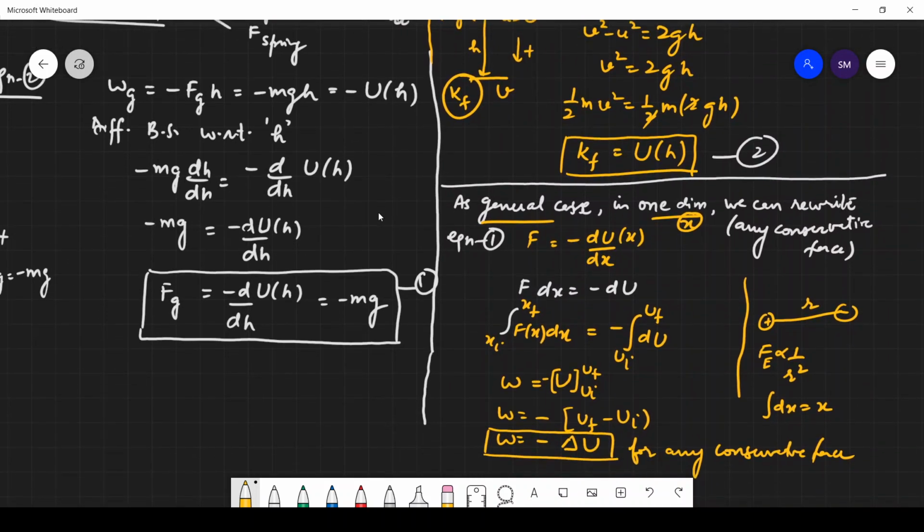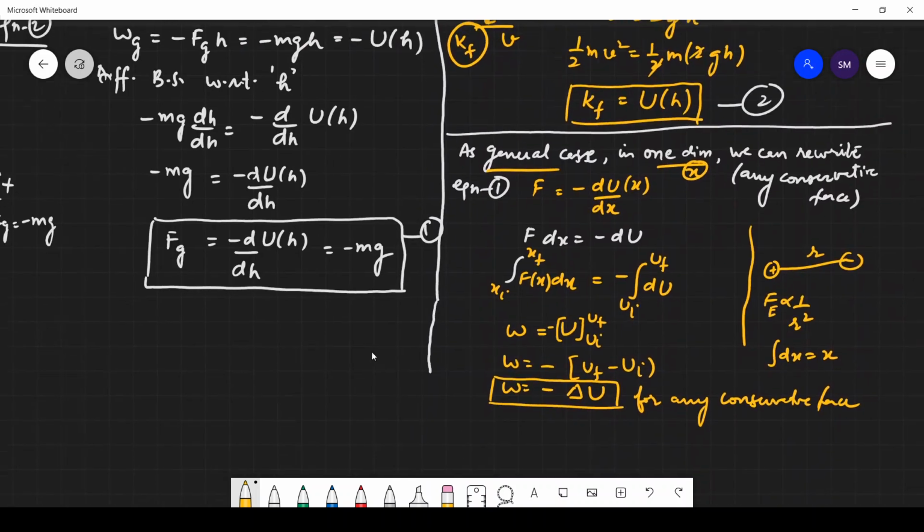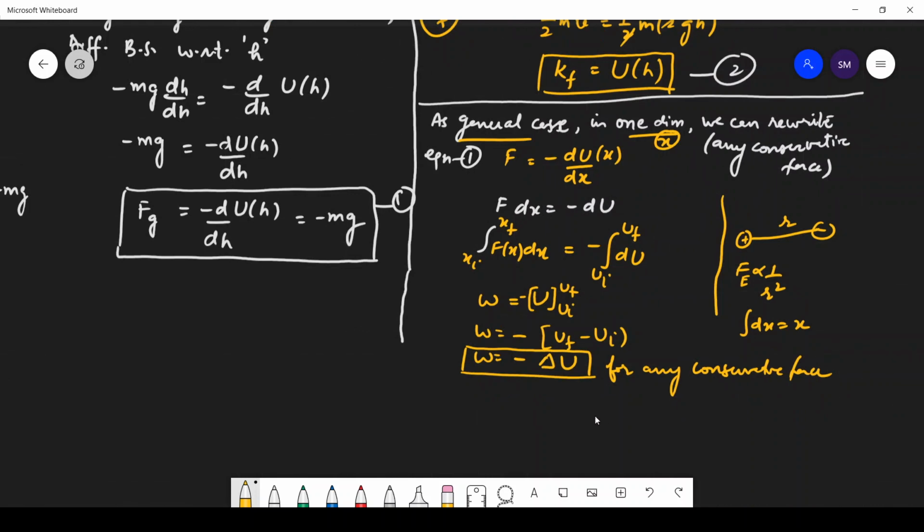Okay, so here it was Fg equal to minus dU/dh. How does that become minus dU/dh? See, students, it was the earth over here. You have assumed that U is equal to 0 here, and here U is equal to mgh, and the change in height was h.